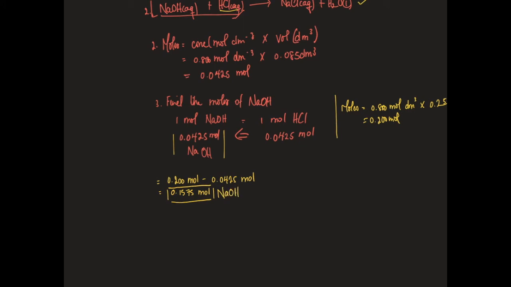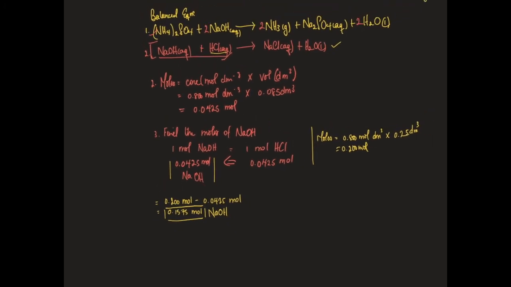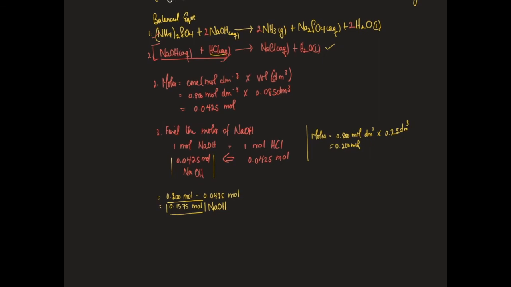Now that we know the moles of NaOH that reacted with ammonium sulfate, we can figure out the number of moles of ammonium sulfate. We can do that from this first balanced equation here. The equation tells you that 1 mole of the sulfate is equal to 2 moles of the sodium hydroxide.